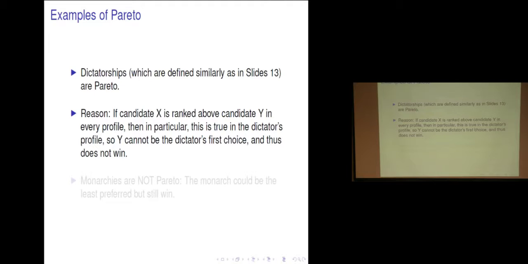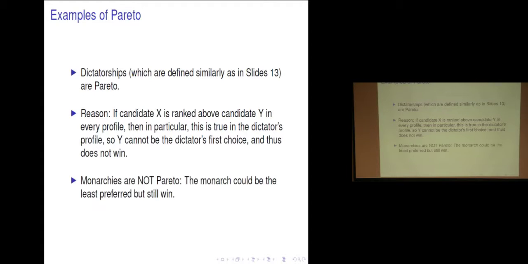Therefore, Y cannot be the dictator's first choice, so Y cannot win. So the dictatorship, a very bad method, is somehow good on this aspect.